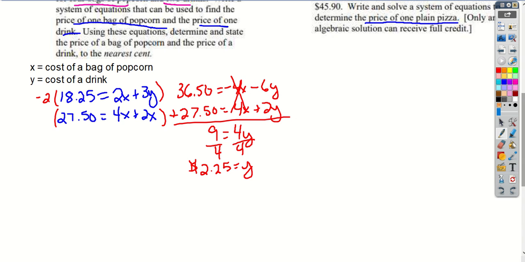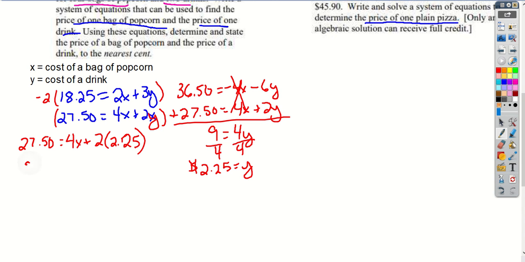So I'm just going to pick one of the two equations. We'll pick the bottom one because it's a little easier for me to plug into. So 27.50 equals 4x plus 2 times 2.25.